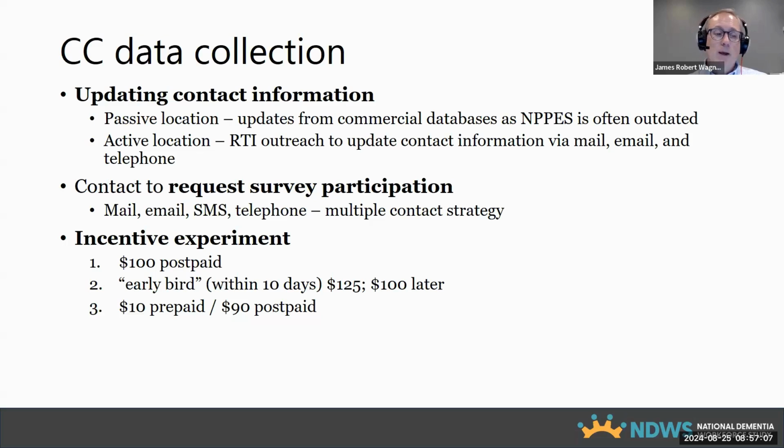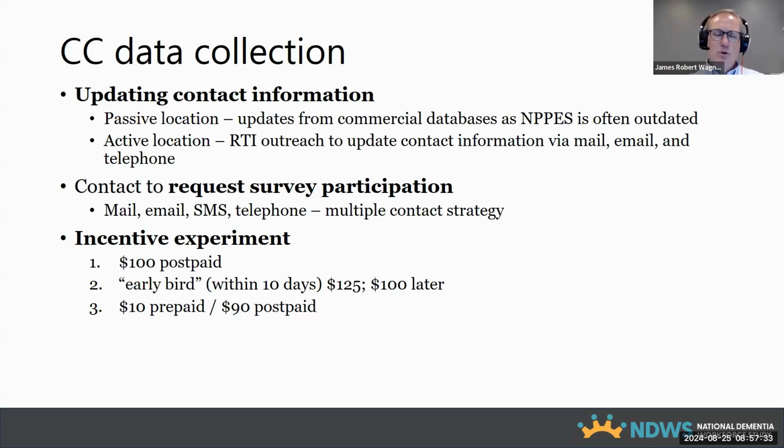And then we're going to do some active locating activities. RTI, our partner in the data collection for the community clinician survey, is going to do outreach to update contact information. They're going to use mail, email, and telephone to try and contact persons who are sampled for the community clinician survey. Once we have that updated contact information, we're going to reach out to request survey participation.